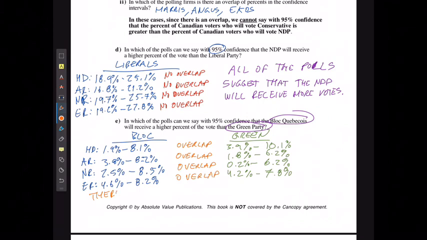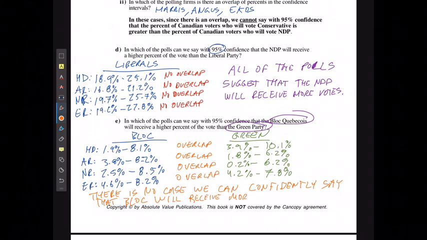There is no case we can confidently say that Bloc will receive more votes. There's overlap in every single case.